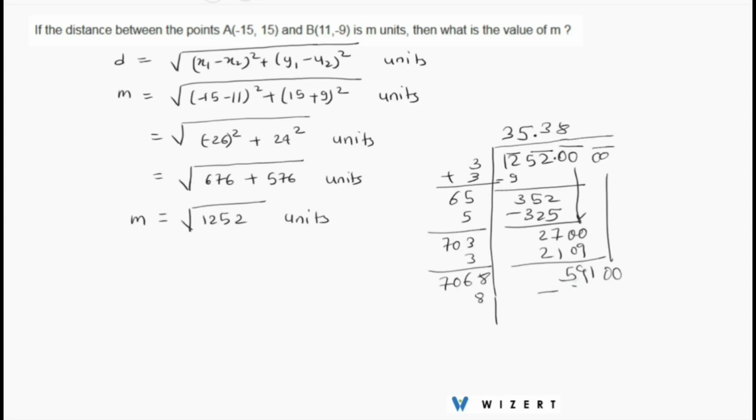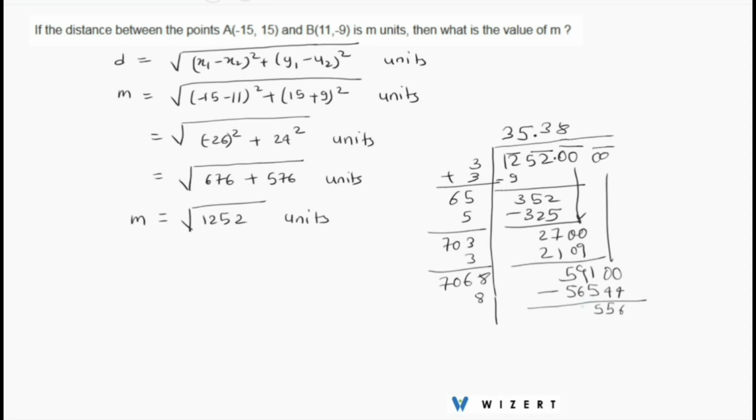We get 8 8s are 64, and 8 6s are 48 plus 6 is 54. So we have 5 here, then 8 sevens are 56. So we get 10 minus 4 is 6, 10 minus 5 is 5, 11 minus 5, 11 minus 6 is 5.